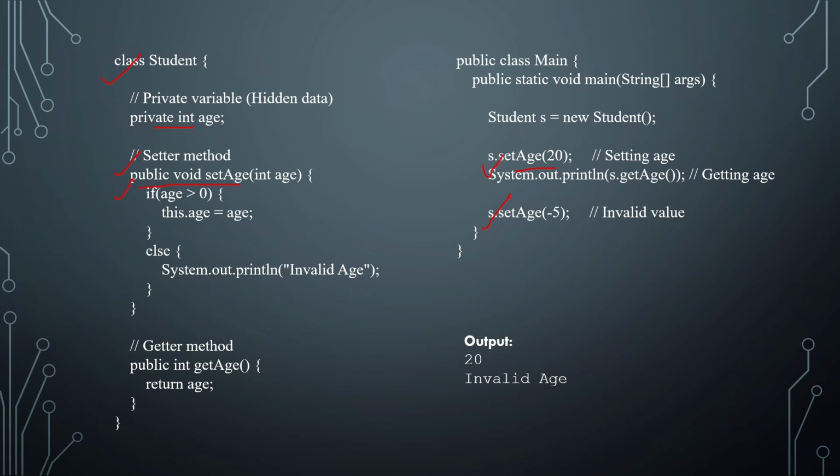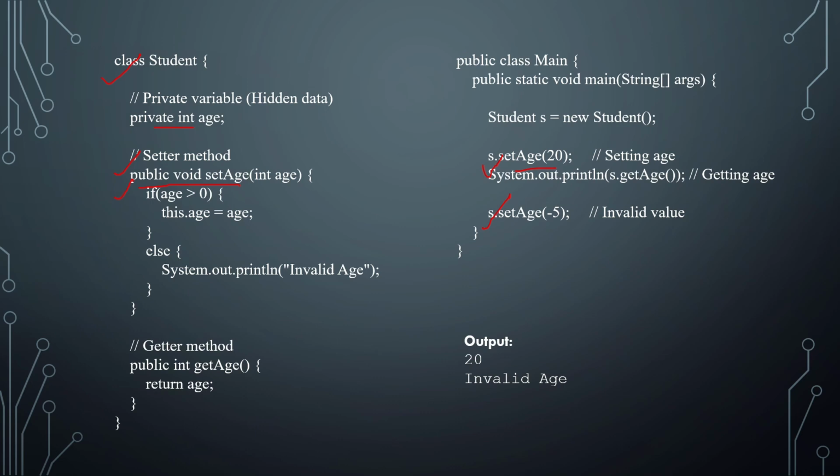Internally, the method receives the value 20 and then the condition inside the setter method is checked. What is the condition? If age is greater than 0, then if it satisfies, the value gets stored in the private variable age. So instead of directly changing the variable, the setter method controls how the value should be updated using conditions.